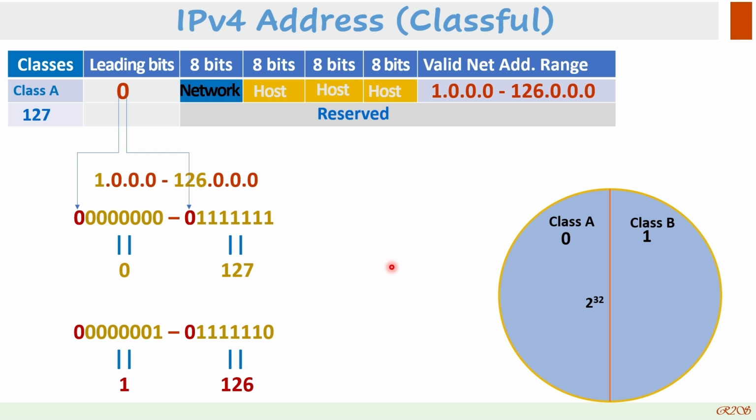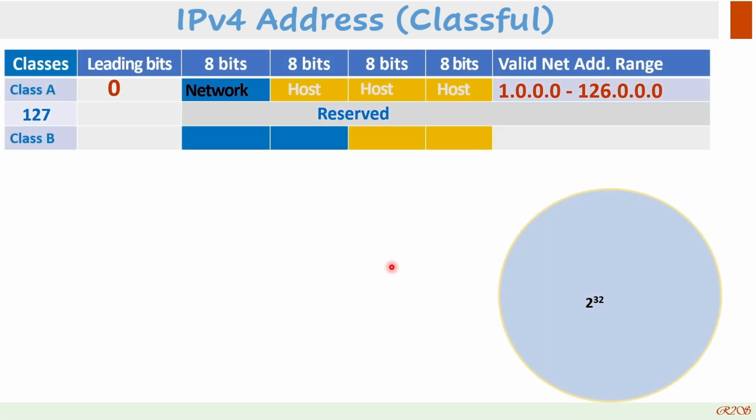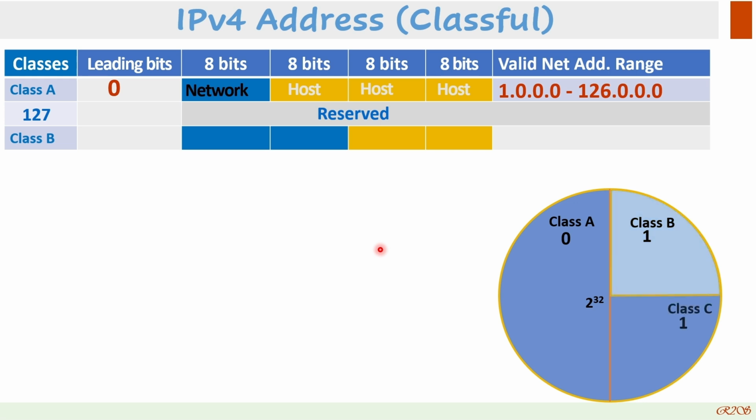But this is not always the case. We might need smaller networks and more networks. So they decided, instead of having 2 classes, to make more classes. Then they divided the class B into 2 classes, class B and class C.